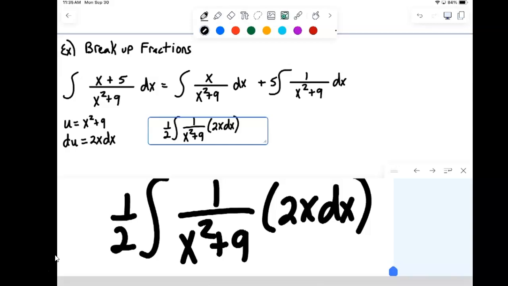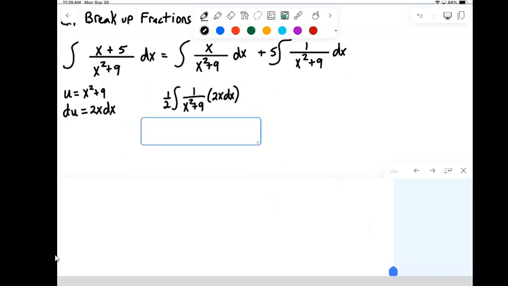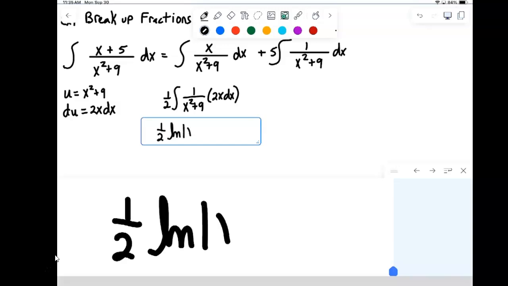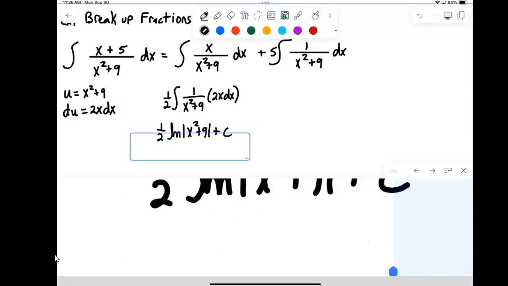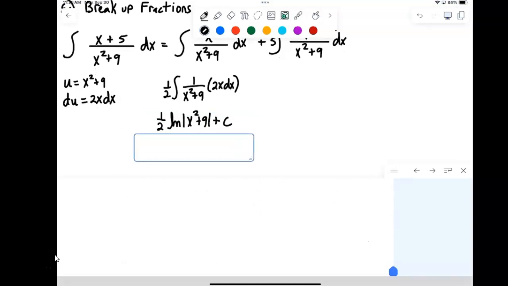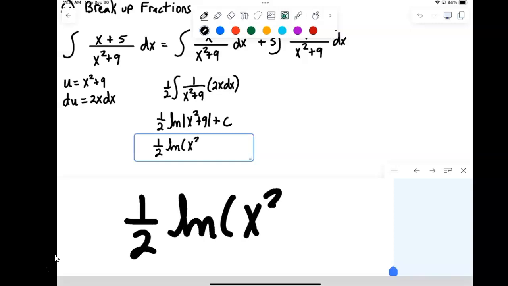But the integral of 1 over u is the natural log. So this piece would become 1/2 ln absolute value of x squared plus 9 plus a constant. And then, of course, for the x squared plus 9, we can drop the absolute value.